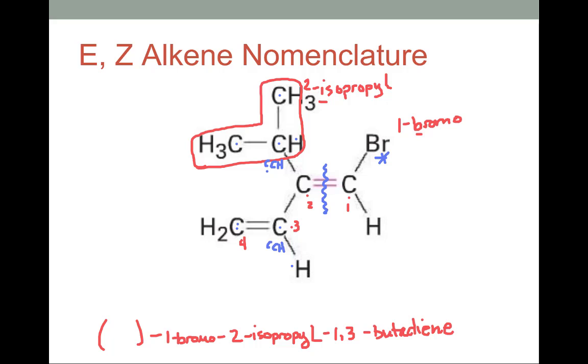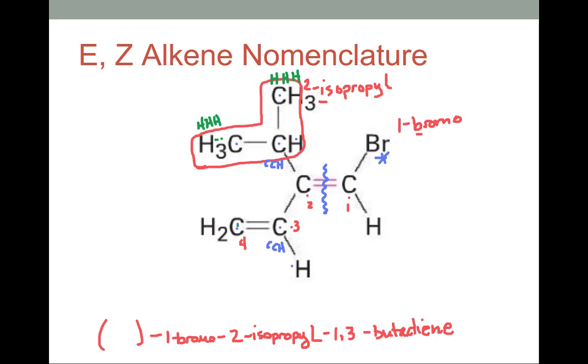Now I go out one further. This is where it gets a little tricky. I'm going to say which thing is higher yet. Stepping out, I'm going to use a different color. Going out from this carbon, I'd run into 3 hydrogens: H, H, H. Going out this way, also 3 hydrogens. So the highest thing I can run into in my next step out, third level now, is a hydrogen.